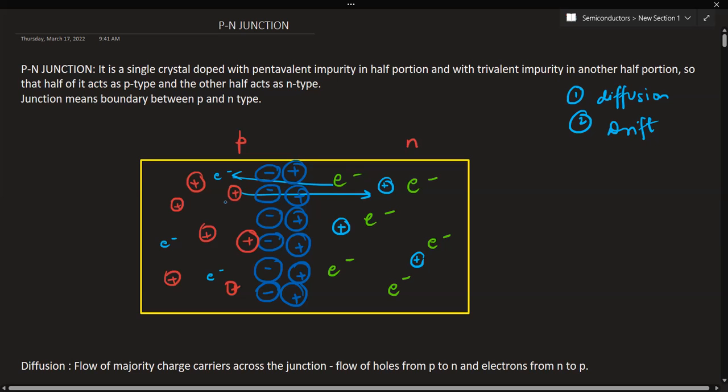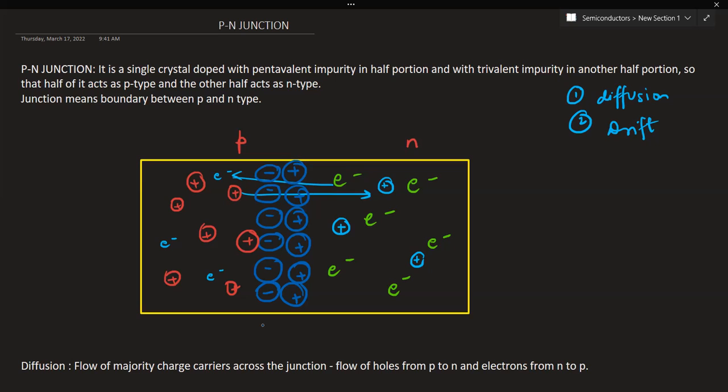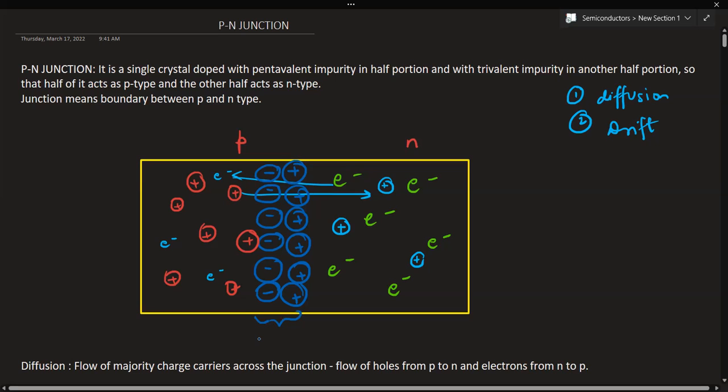Consequently, no charge carriers are left in the small region near the junction. This small region in the vicinity of the junction, which is depleted of free charge carriers, has only immobile ions. And this region is called the depletion region.